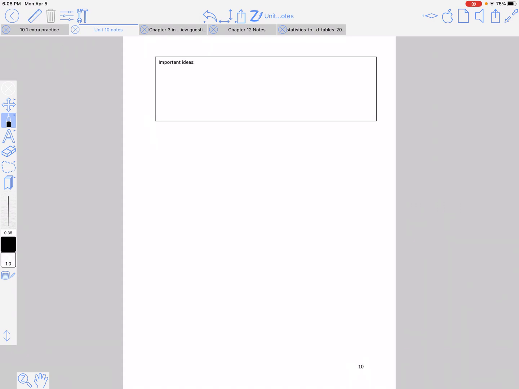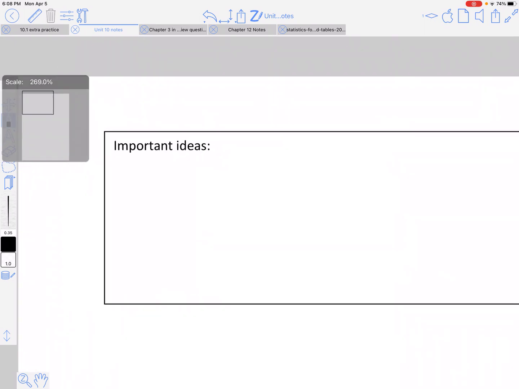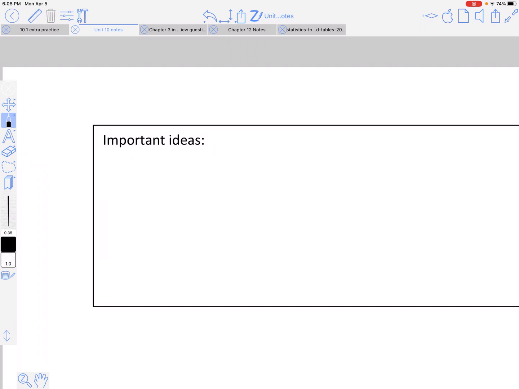Awesome. Okay, so important ideas in these two activities that we just did, and then we'll do some examples. So, similar triangles. This is what we just learned.